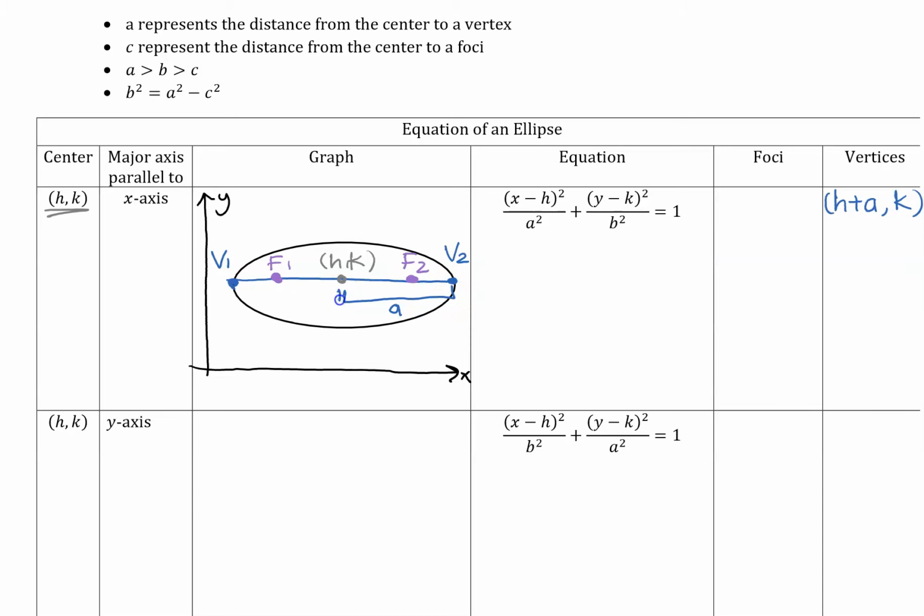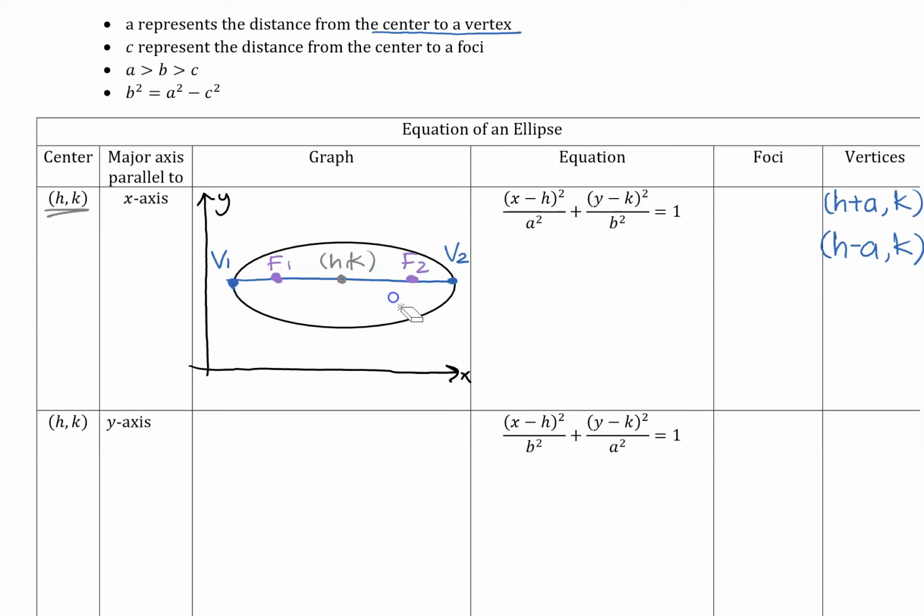On the other hand, this distance here is also a to find V1, but that moves a units to the left. So these are the two coordinates for those two vertices. In one of them we add a, and in the other one we subtract a, because a represents the distance from the center to a vertex.